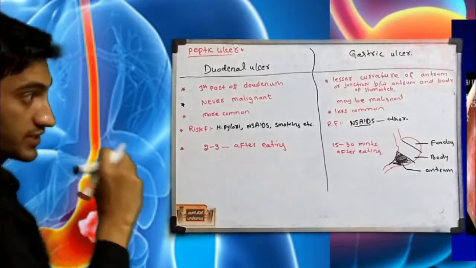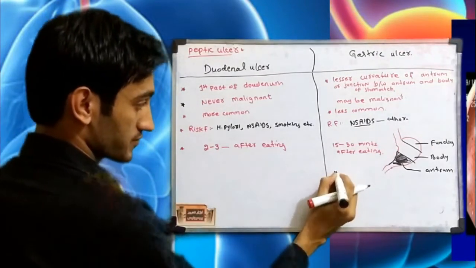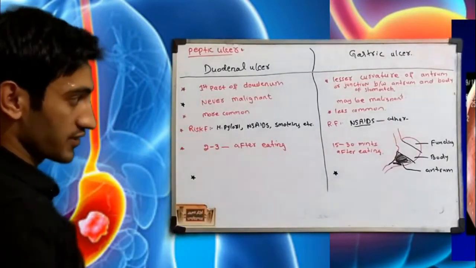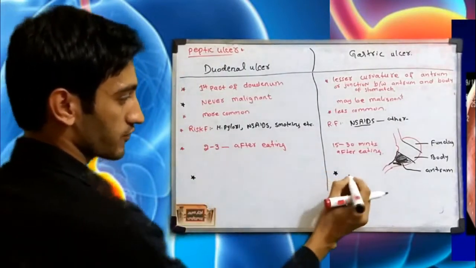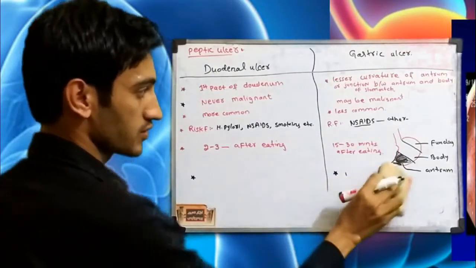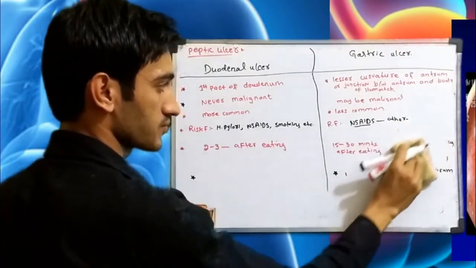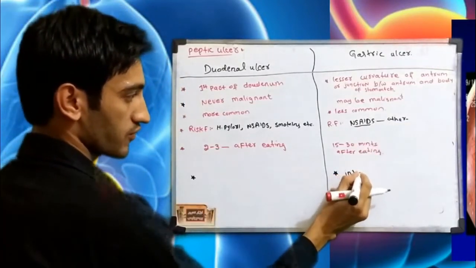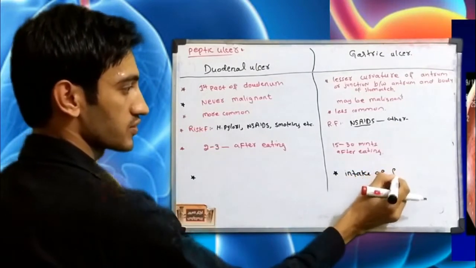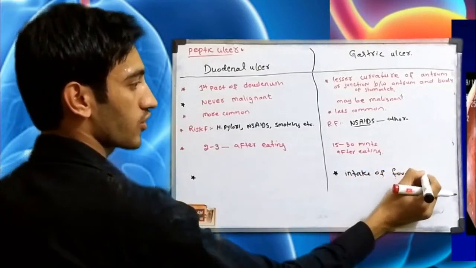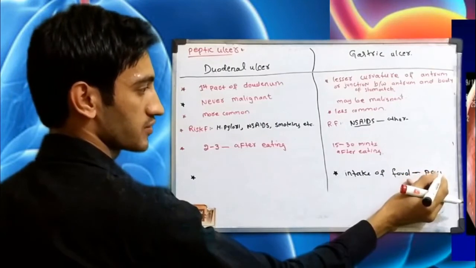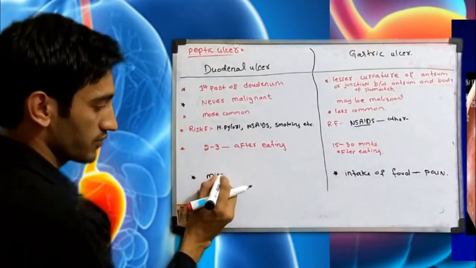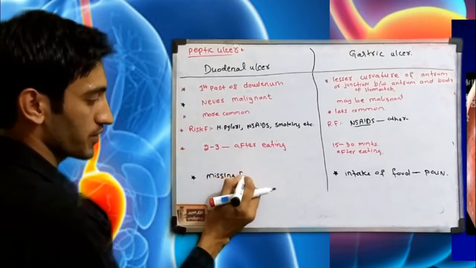Another difference is the aggravating factors. In gastric ulcer, intake of food will cause the pain. But in case of duodenal ulcer, missing of food will cause the pain.